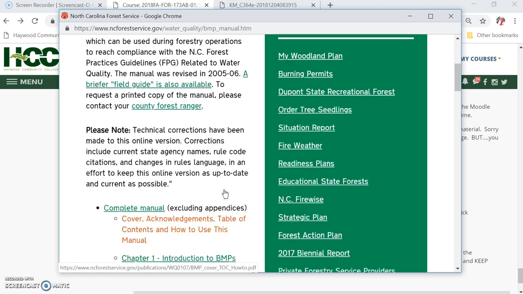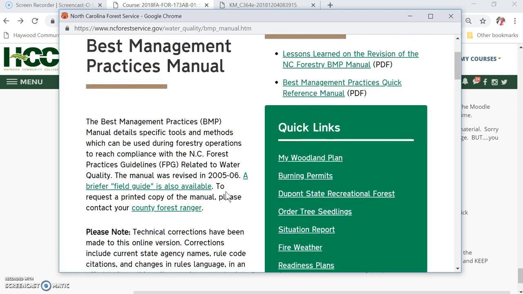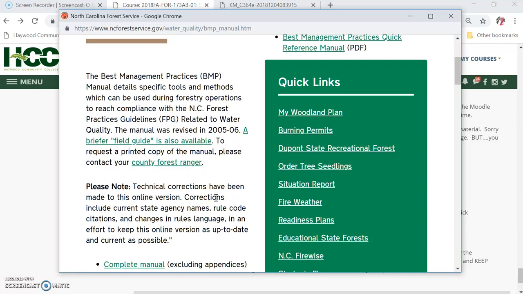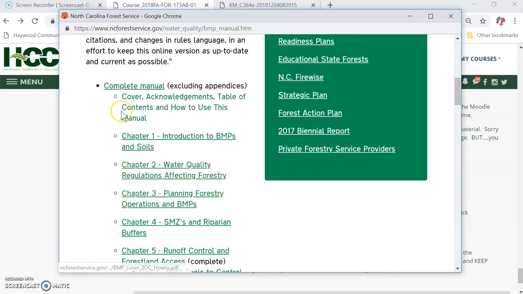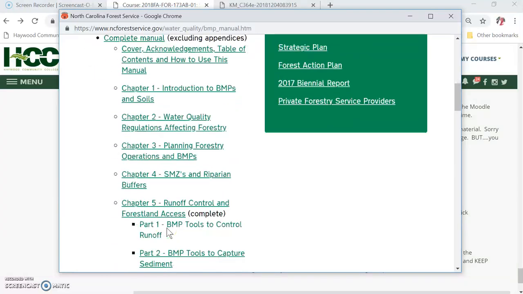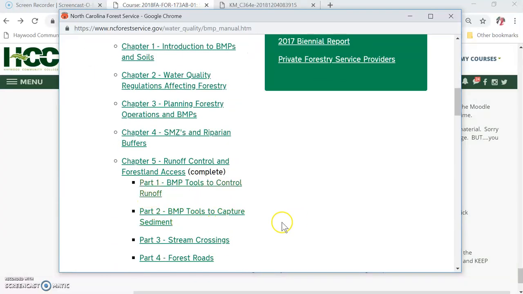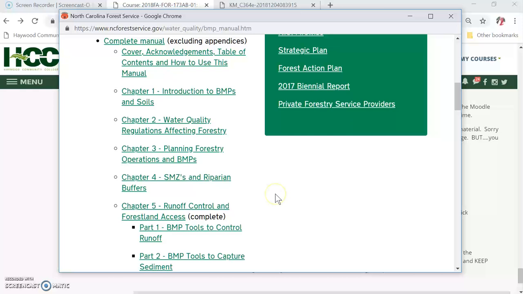So you really do need to familiarize yourself with both the laws and the BMPs. The law is a big document, 100 pages or more, full of thou shalts and thou shalt nots. The BMP book describes things you do in the forested environment to make sure that your logging operation and your management is not going to destroy the water.